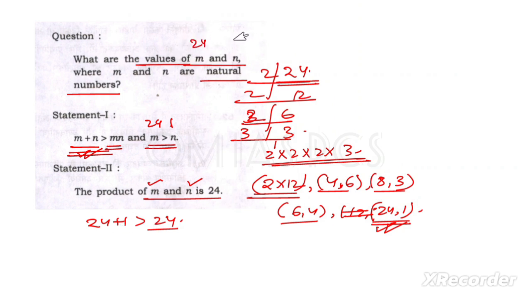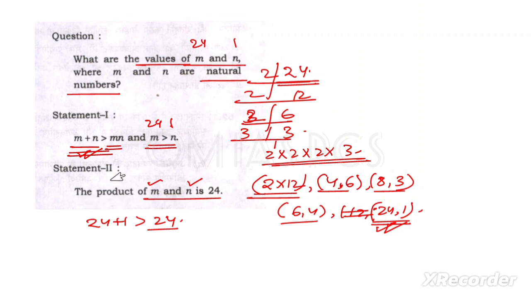See, one thing, UPSC has not asked for any value of m and n. They are just asking whether you can find the value of m and n, whether you can find it or not. In this type of question, there is no instruction like please find the answer.